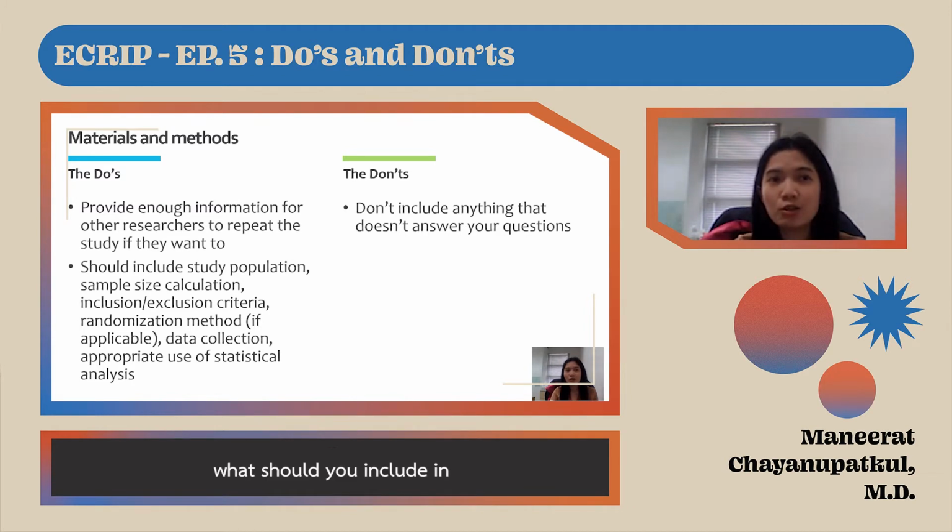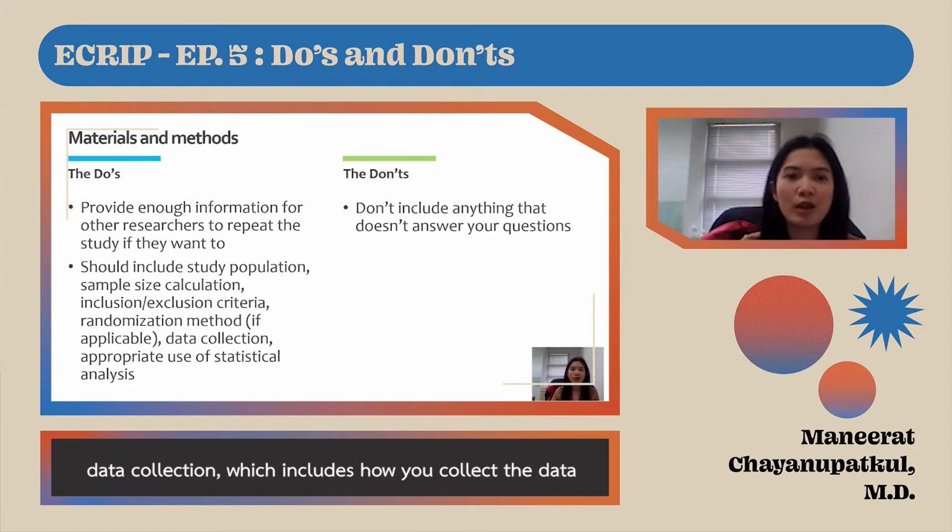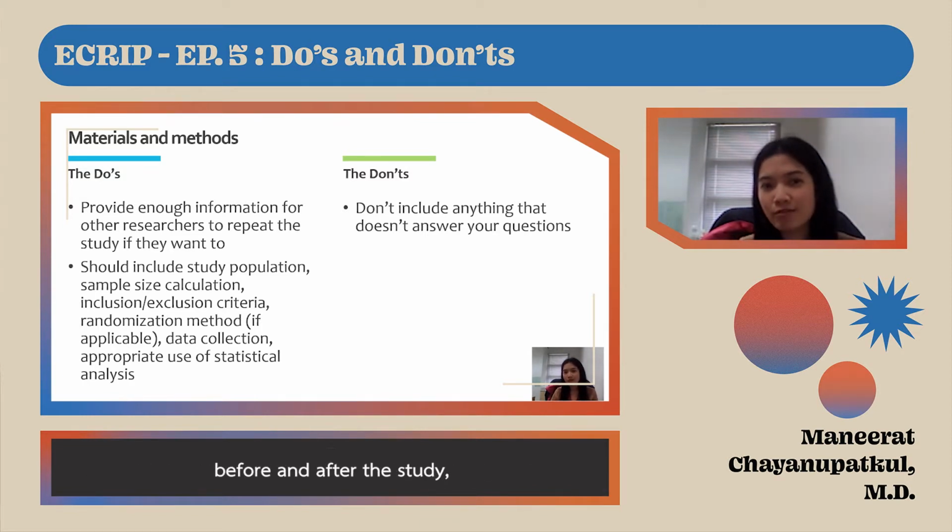What should you include in the materials and methods section? One, study population, sample size and the sample size calculation, inclusion and exclusion criteria, and randomization method if the study is a randomized controlled trial. Data collection, which includes how you collect the data before and after the study, what kind of data you are looking at: blood tests, imaging, pathology, what kind of blood tests, those kinds of things.